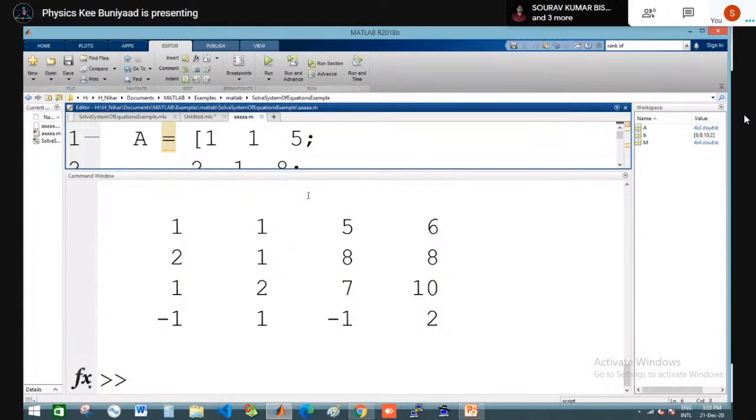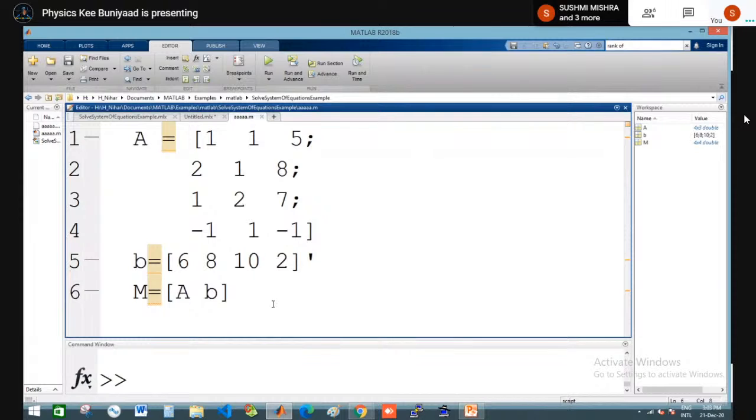Once we make the concatenation of these two matrices, now the task is to reduce it by the Gauss elimination method, which Sai already told you about. We can write R = rref(M). This command is basically used to reduce the whole matrix. This is the row reduction method.